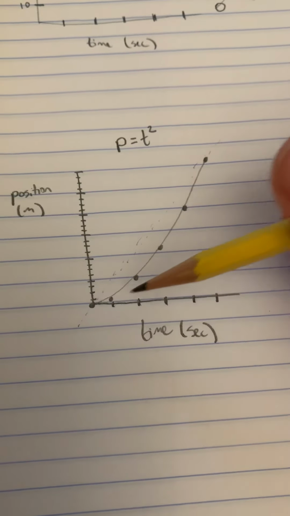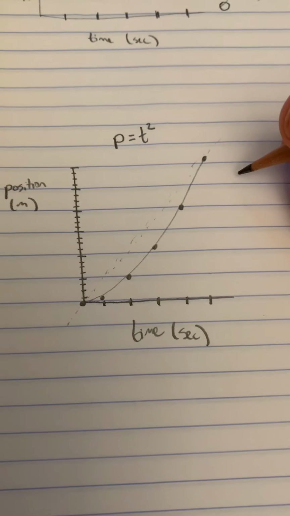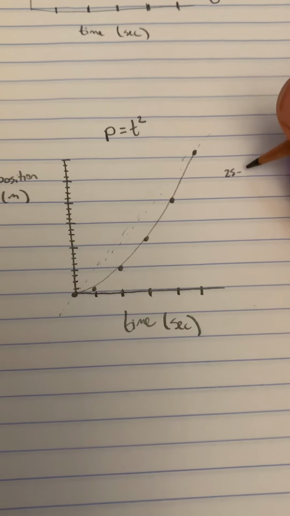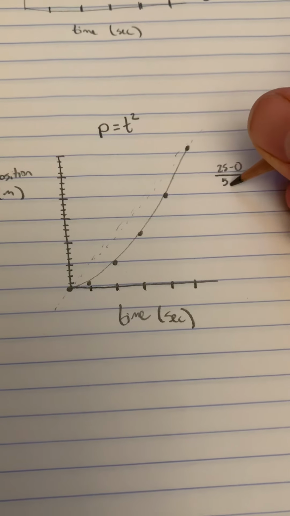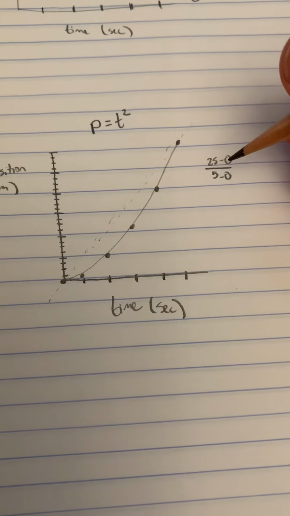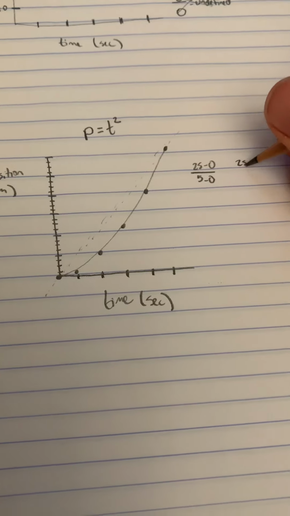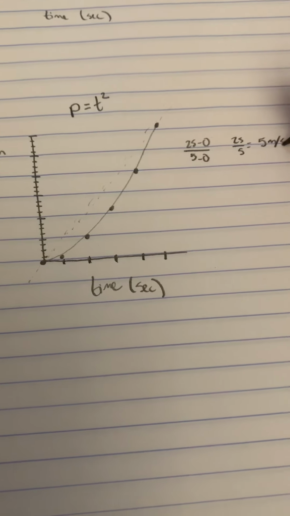If I wanted the average rate of change, we could say that I have a change in position of 25 minus 0 over a change in time of 5 minus 0, because I'm going from the point 0, 0 to the point 5, 25, in which case I would have 25 over 5, which is 5 meters per second.